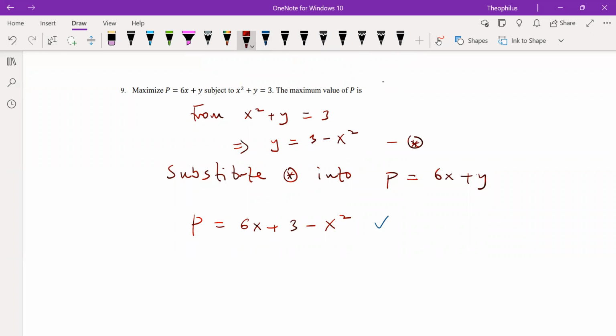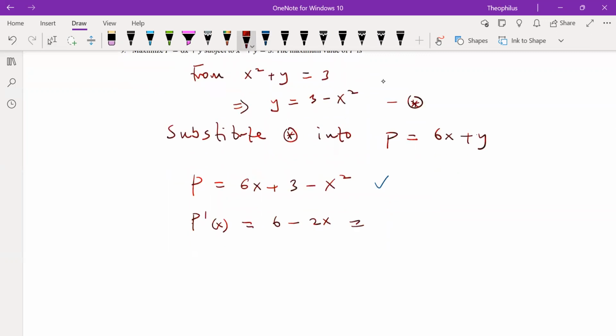So we find the first derivative, then we set it to 0. So this implies that my x will just be 3.